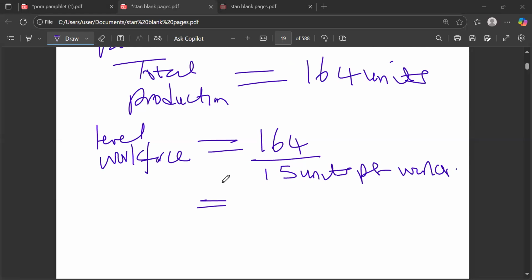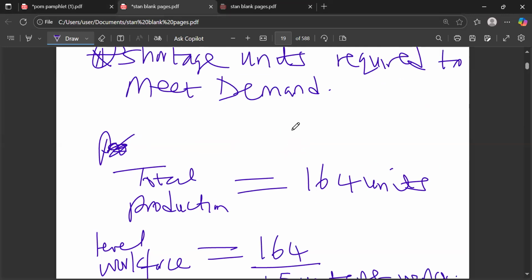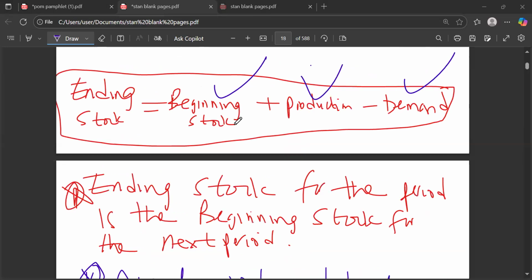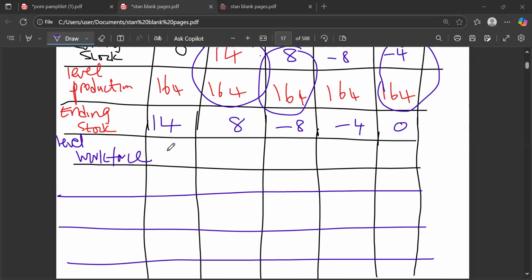I'm not sure, we're also rounding up here, which will be 11. 164 divided by 15 is not 10.4, it's 10.9, which is 11 workers. Ah, yes, 10.9, you're right. So the level workforce is how much? The level workforce is 11 workers.